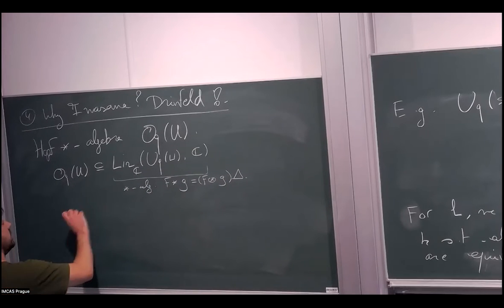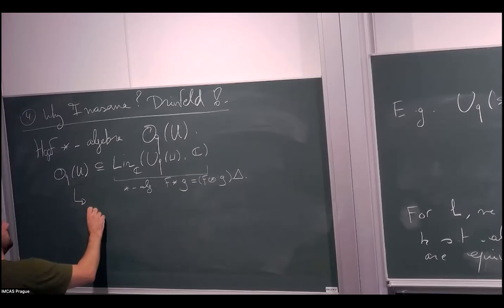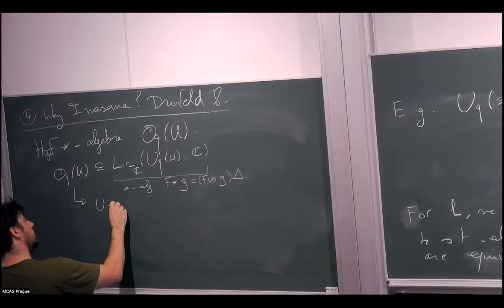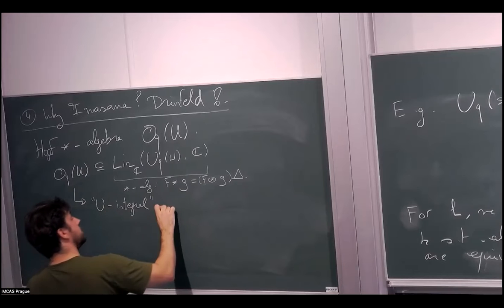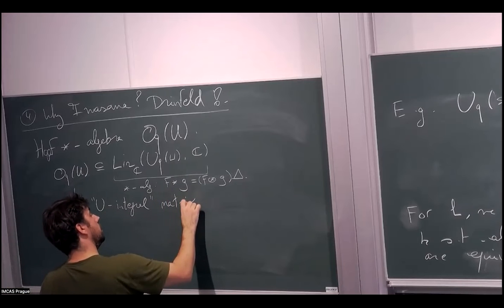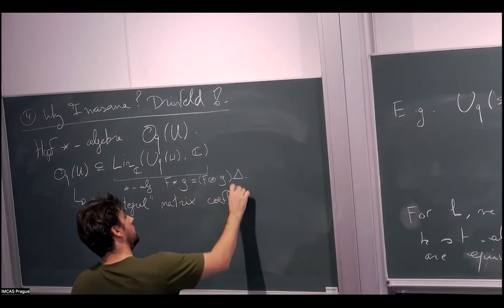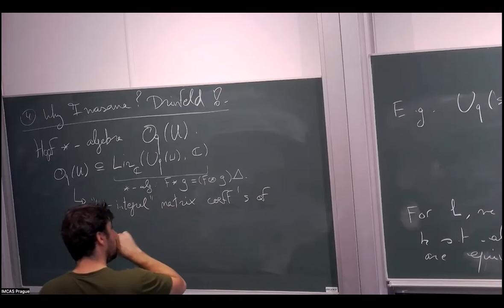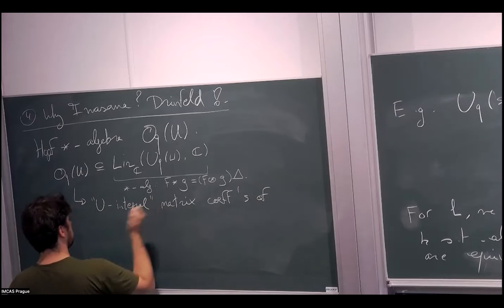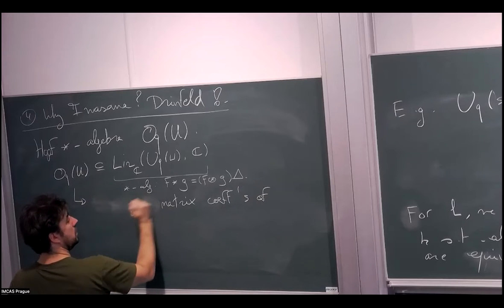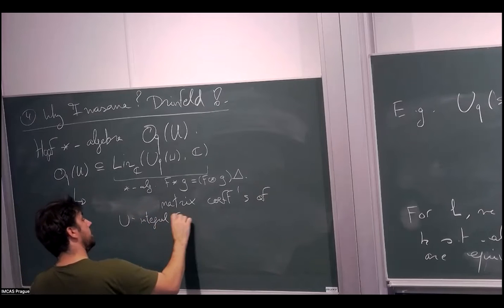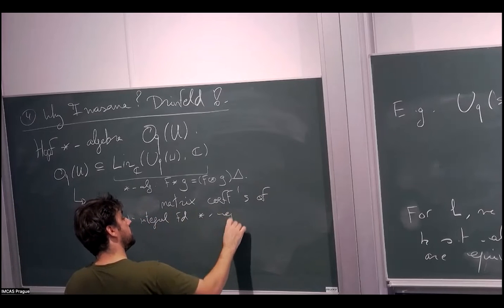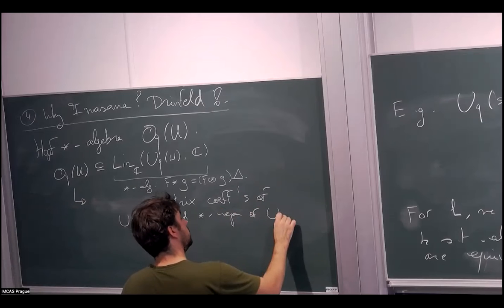And these are basically the matrix coefficients of U-integral finite dimensional star representations of U_q(u).